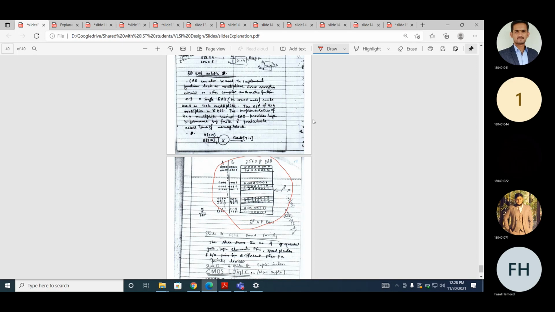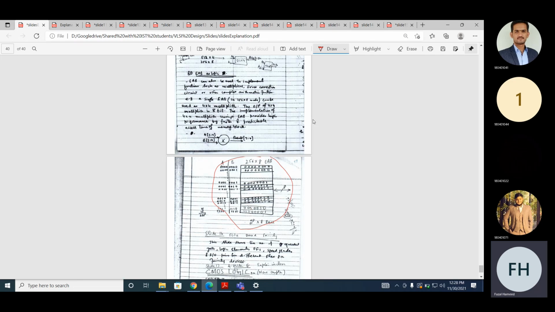It is actually a bigger memory structure. Let's say you want to implement some small memories. The embedded array block can provide you the functionality to implement some memory.